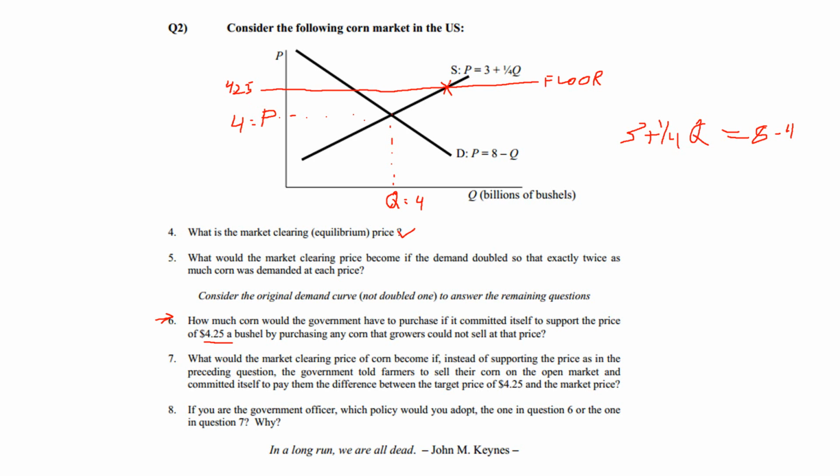So suppliers, or corn growers, are going to be incentivized along the supply curve at that price to create QS, Q supplied. But if we raise the price, fewer people are going to want to buy it at that price. So the demand curve intersects here. Draw it down. So fewer people are going to demand it. All right, and since QS is greater than quantity demanded, we have an oversupply, or this would basically be the surplus.